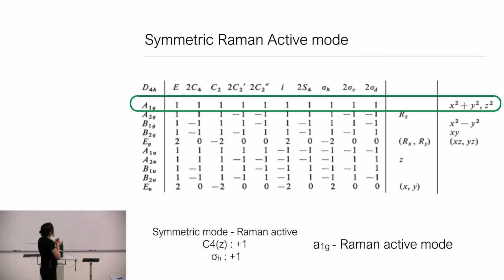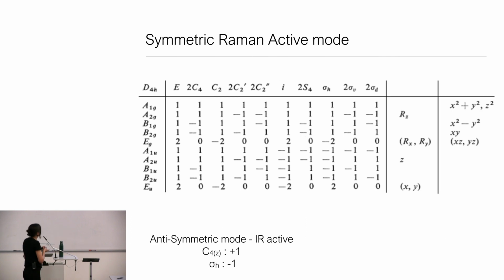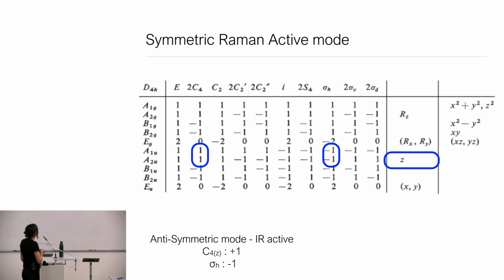So this would already mean I could just look at a molecule and say that's my A1g mode, which is quite helpful, right? And then what I can also do is take the same rules that we had for our IR modes, and there we saw that we were symmetric with respect to C4, but anti-symmetric with respect to the perpendicular plane of reflection.